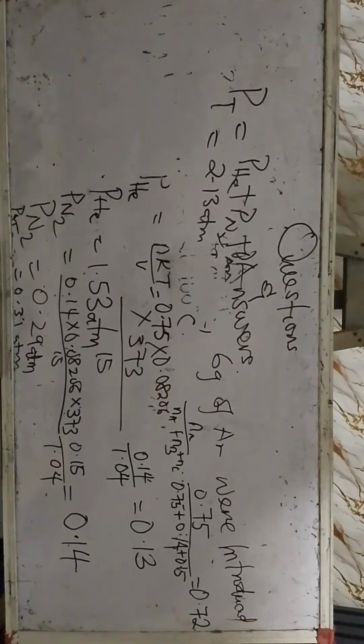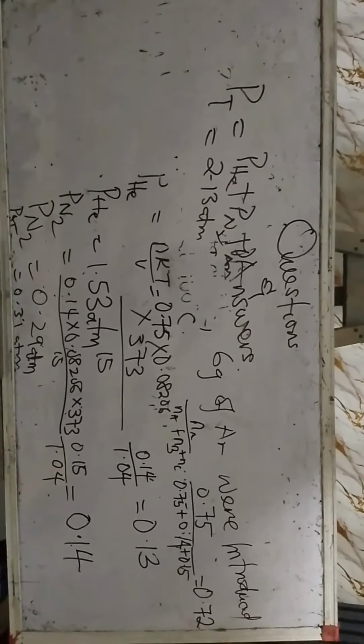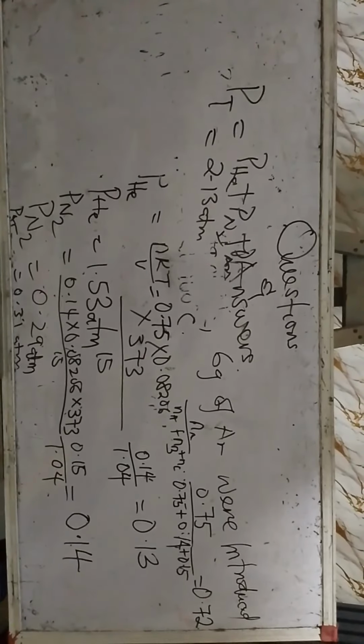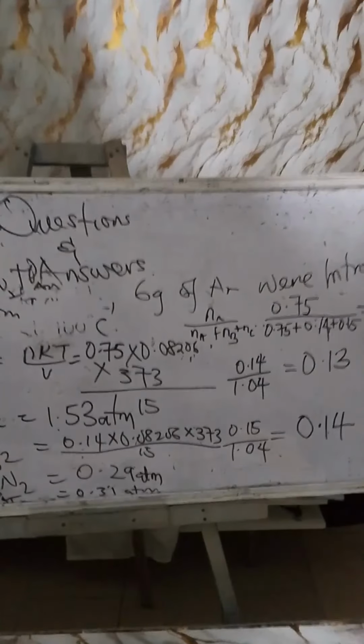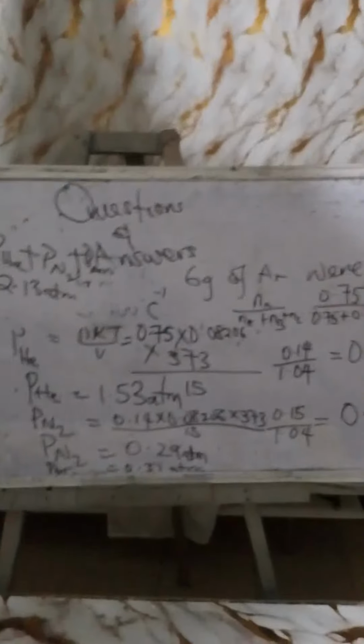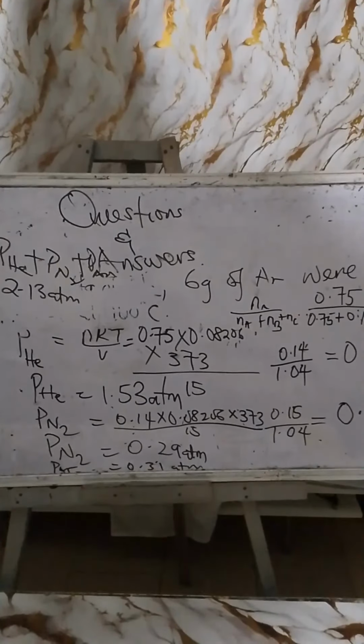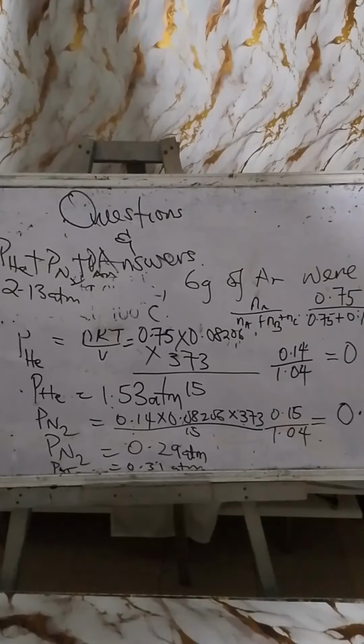Now the next question, I'll just review a few comments before we go to it. Someone says nitrogen is 0.31.